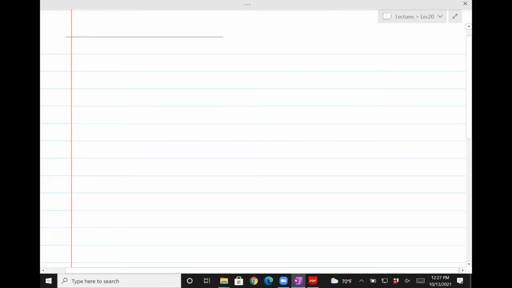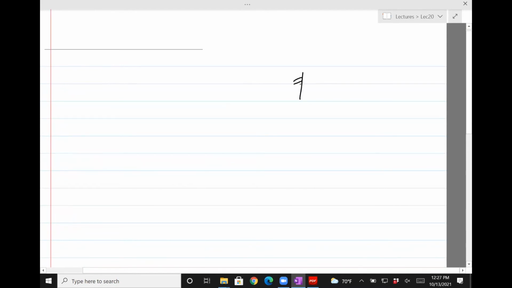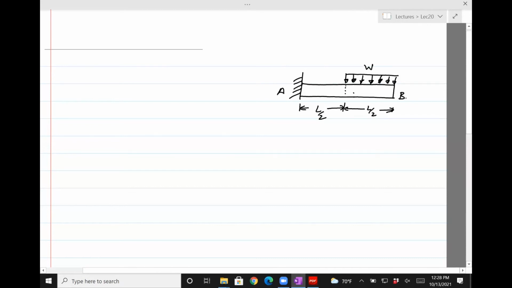So the next question is the cantilever problem. Okay, so that's the loading.